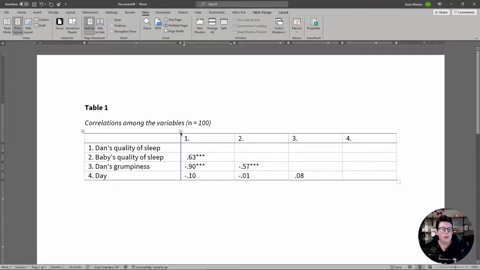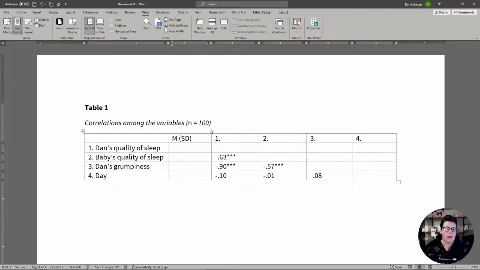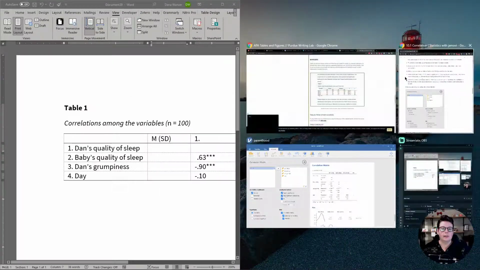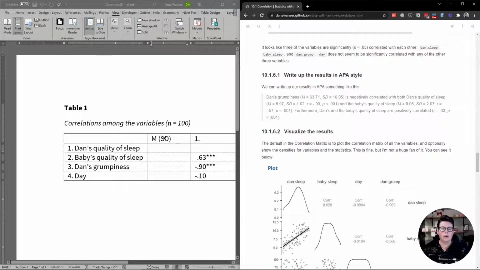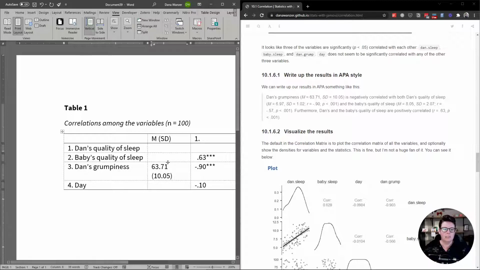Okay. Another thing I sometimes like to do is adding the descriptives. So let's do that because we have that here. Dan's grumpiness was 63.71, 10.05. We'll fix that in a second. Dan's quality of sleep was 6.97 and 1.02.